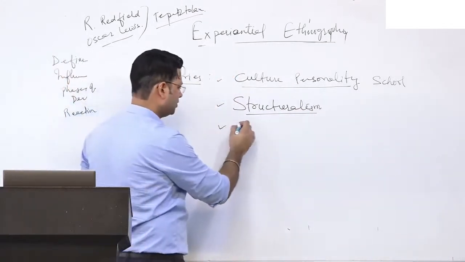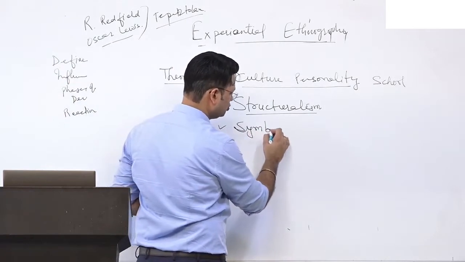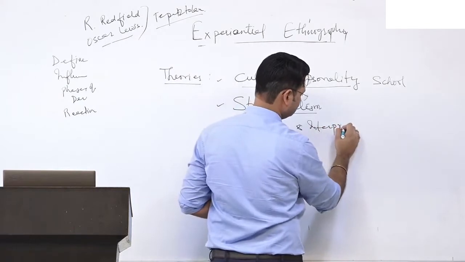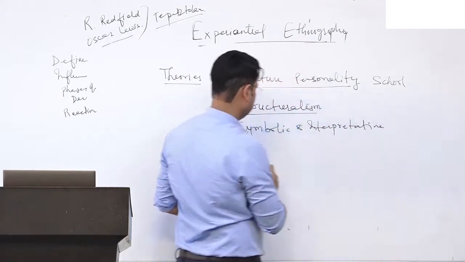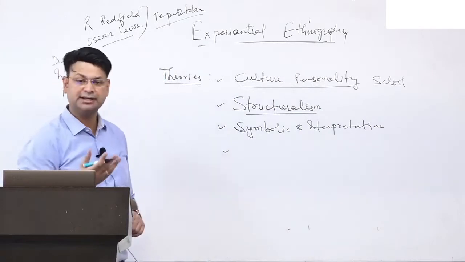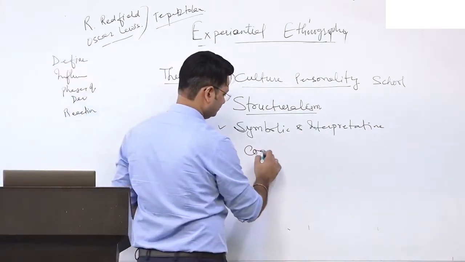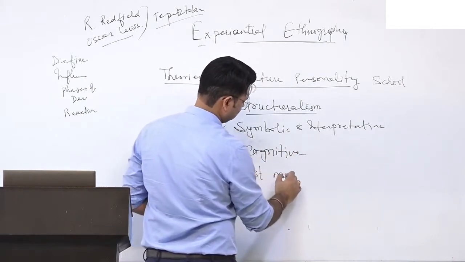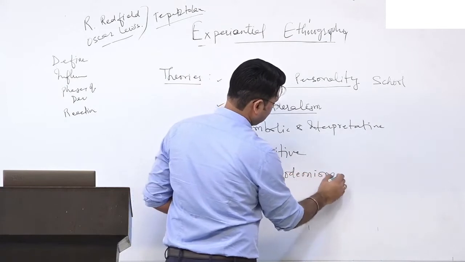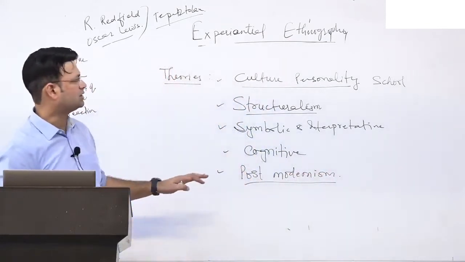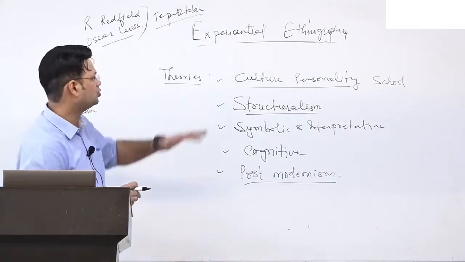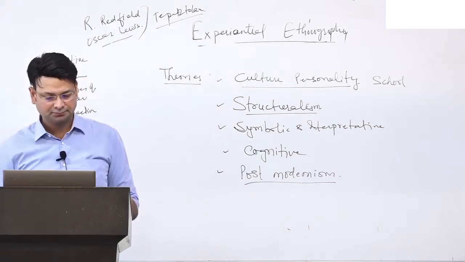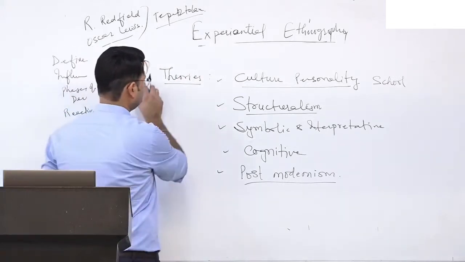Symbolic and interpretative anthropology use this, Geertz and Turner. Then the cognitive approach is naturally there, and finally postmodernism also. All these theories have used this approach of experiential ethnography. Okay, then what are the methods used?